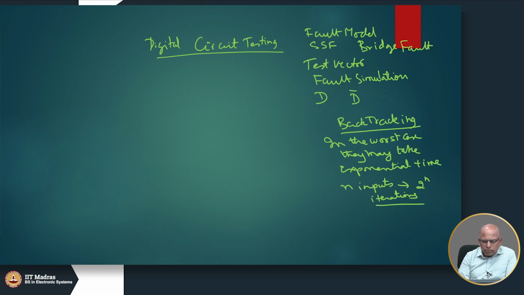So, I will give you a very brief idea of how these algorithms sort of work. There is a famous algorithm called the D algorithm. I am not going to go into too much detail of this D algorithm, but I will just give you a quick idea.